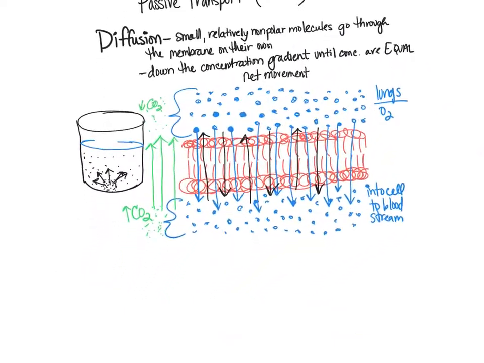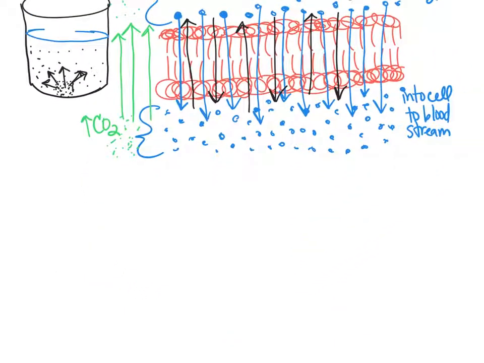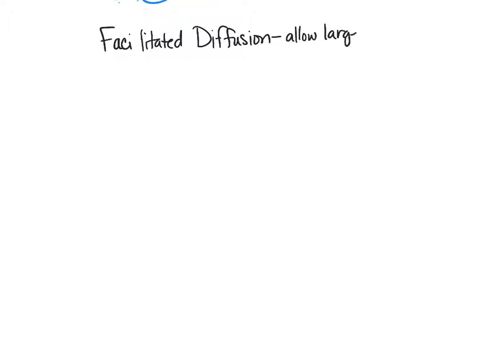Now the second type of passive transport that we're going to talk about is called facilitated diffusion. So facilitated diffusion is very similar to diffusion, but has one big change. In this case, we are going to allow larger or charged molecules to diffuse across the membrane.